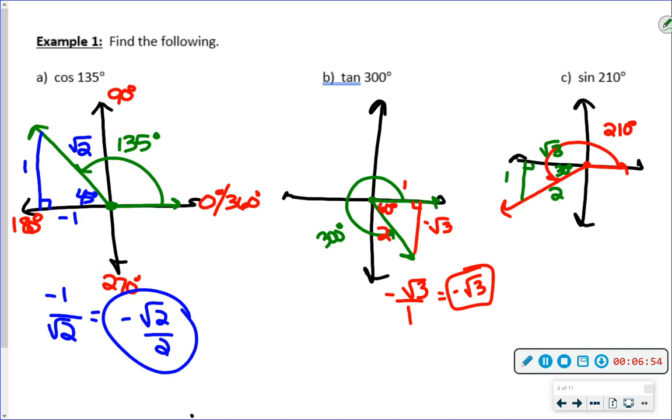Do any of the sides need negatives? Which ones? Both, yeah, because you're going left and down. And the final ratio I need is sine. So I need opposite over hypotenuse. Got it.